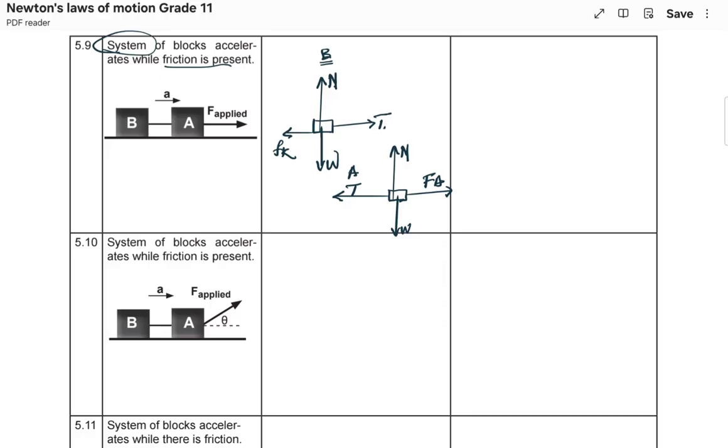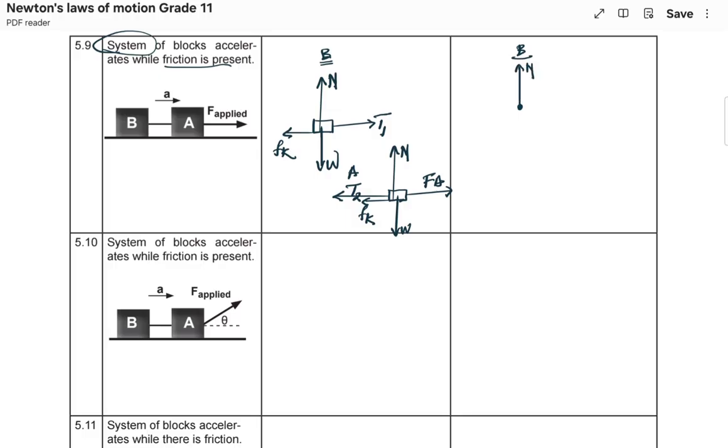I can say T1, T2. There is also the frictional force. Okay, so then this side for B, the free body diagram, is a dot.